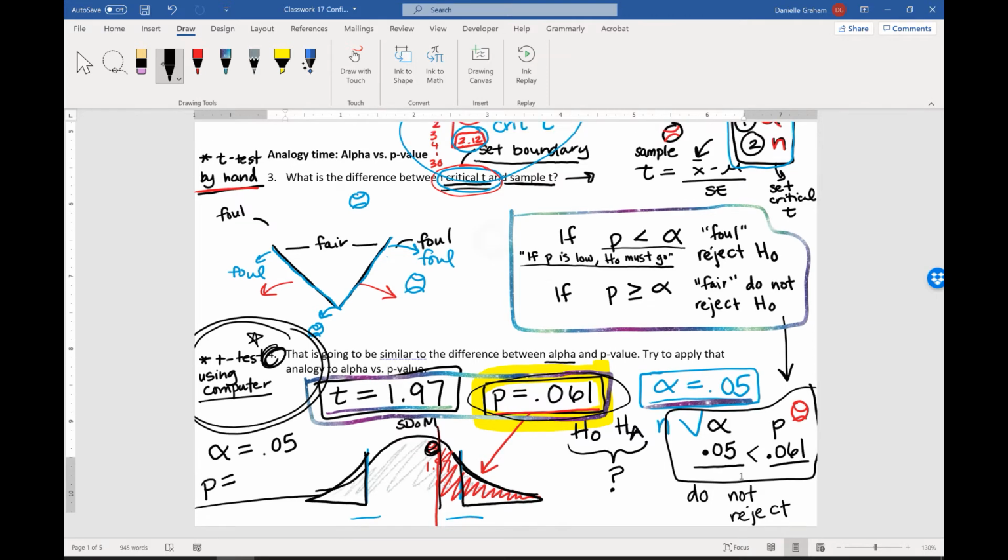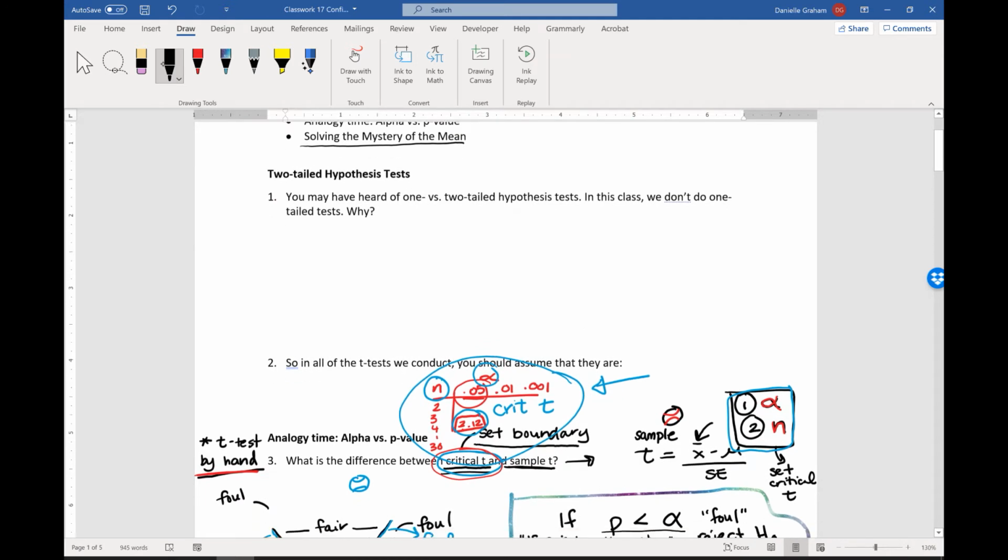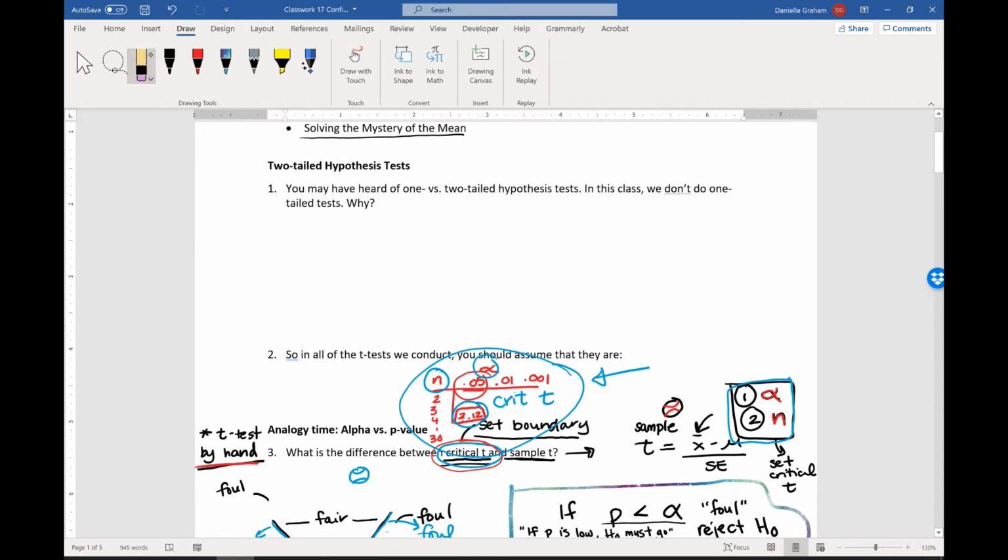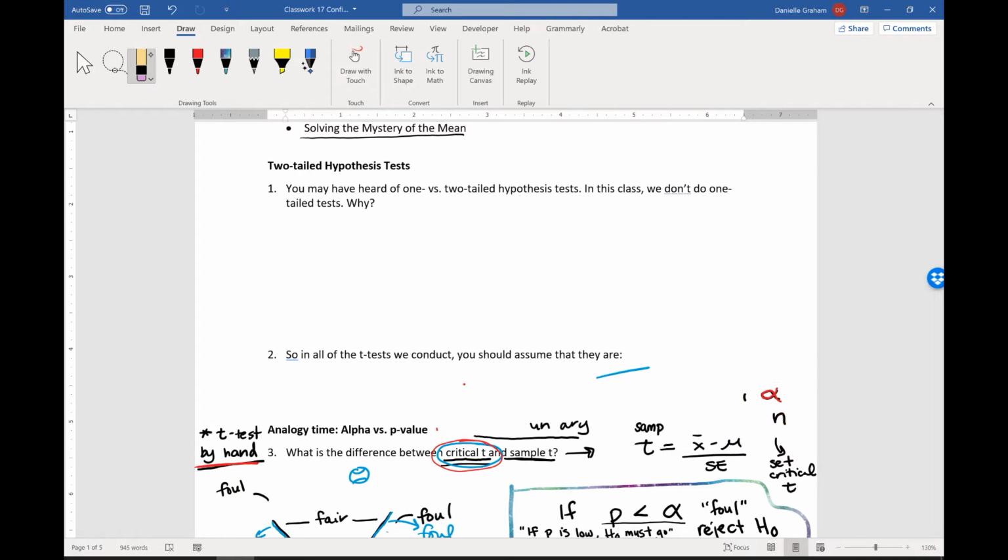Now, back up here to 1 and 2. I will try to make these ones faster so we can get to what you want to see with the confidence interval stuff. Okay, so you may have heard of one versus two-tailed hypothesis tests.